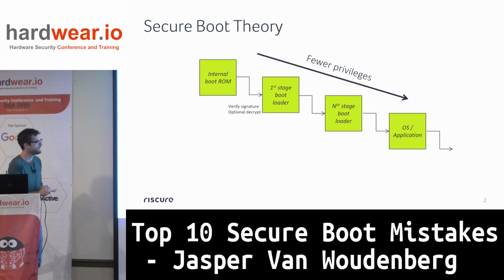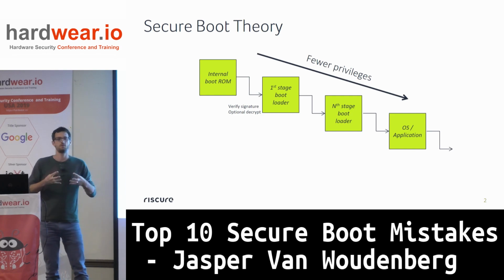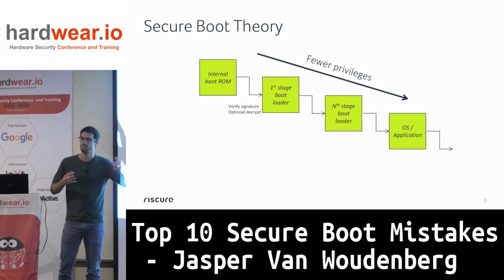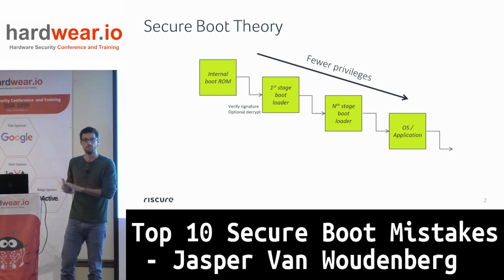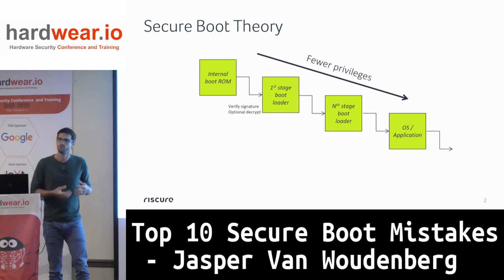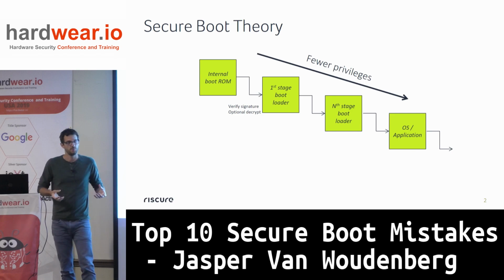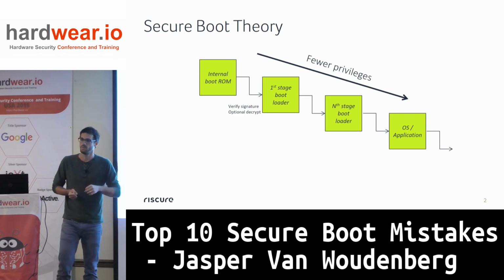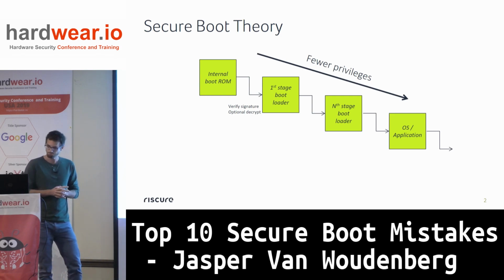So the idea behind secure boot is that we try to make sure that all the code that's running on a platform has actually been signed and authenticated. In other words, a manufacturer is trying to make sure that it's just their code that's running on the platform. And the way that this is done is we start with an internal boot ROM, and we've seen from Chris's talk roughly what that means in silicon.